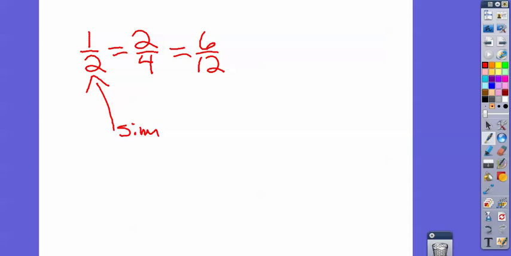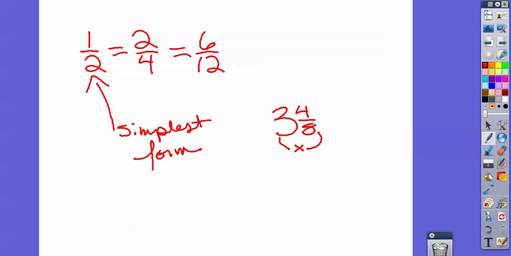If you have a mixed number and you need to turn it into an improper fraction, you just multiply the whole number times the denominator, and then you add the numerator. So 3 times 8 is 24. 24 plus 4 is 28. And you put it back over that original denominator, so 28 over 8.